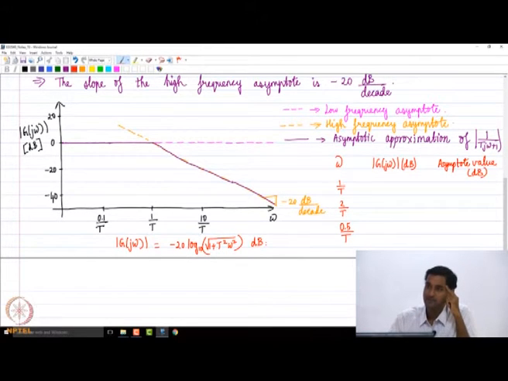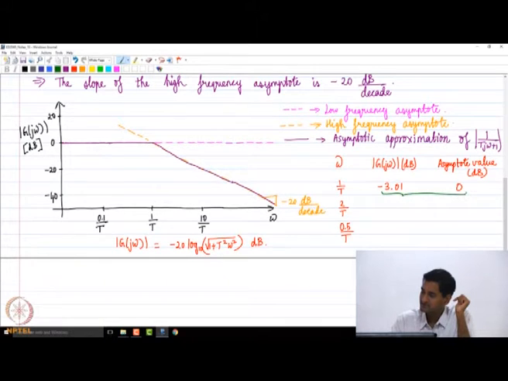What do you get? You get log of square root of 2, right? So that you can say as minus 10 log of 2. What is log of 2? 0.3010, right, to the base 10. So I can say that this is going to be minus 3.01 decibels. And what is the asymptote value? 0, right? So consequently, what is the change?